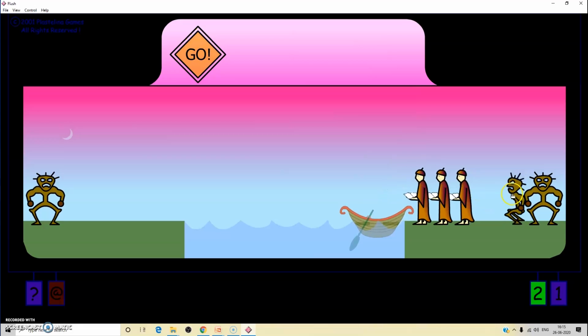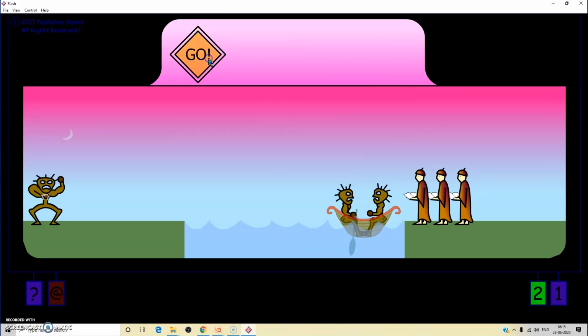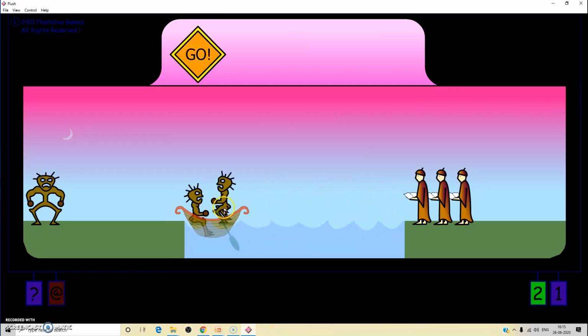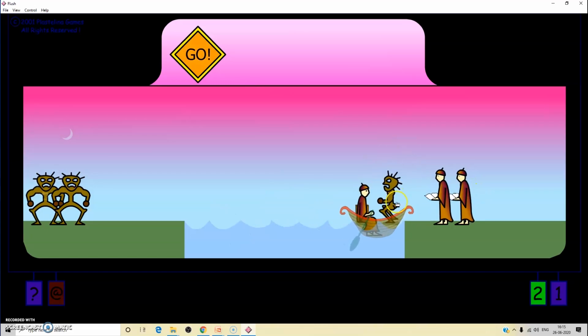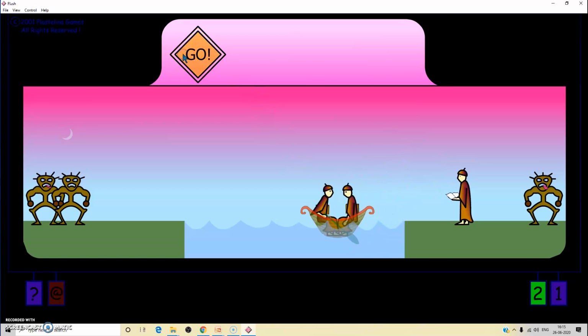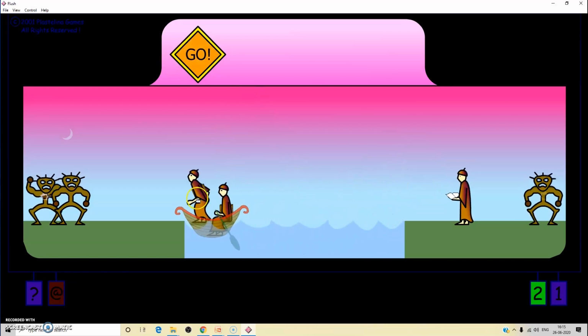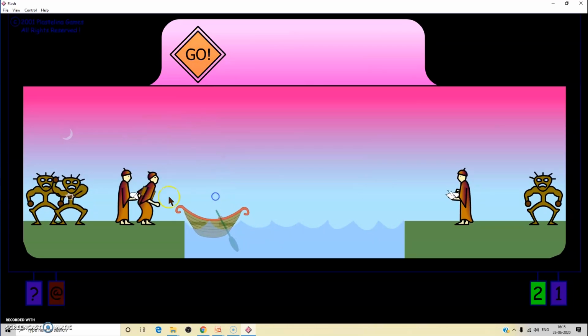Now both cannibals are moved out. They are moving back. Now they are moved out again. Now both cannot go back, so one cannibal has to move out. So they will go back again.